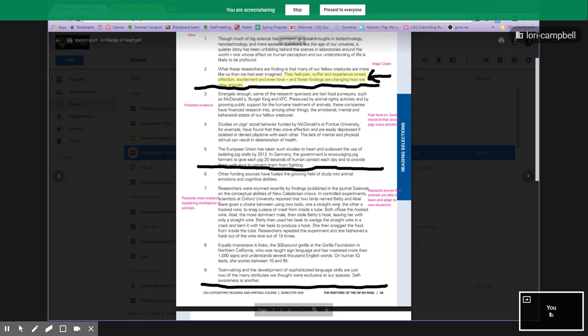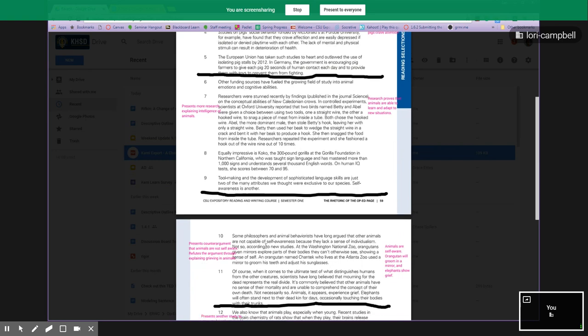And then the research actually proves that animals are able to learn and adapt to new situations. Well, the author didn't really preview it here in the claim, but it's just another way that is showing us they're intelligent and they're very human-like, if not human themselves.